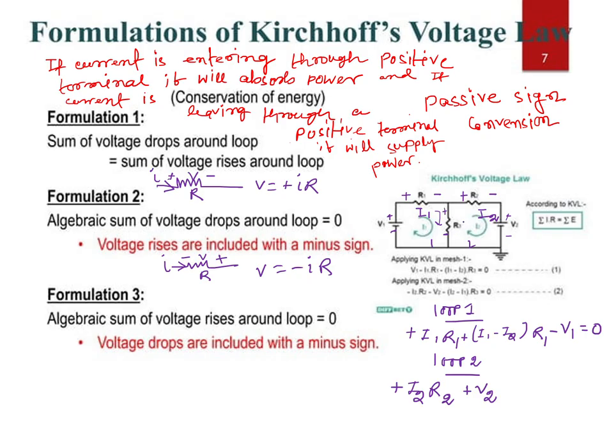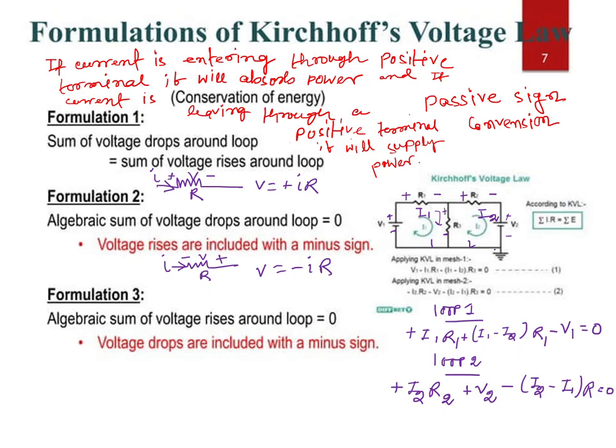Here I take the direction of I2, so I'll take I2 minus I1, and this is hitting the minus terminal, so I'll write minus I2 minus I1 into R equal to 0.